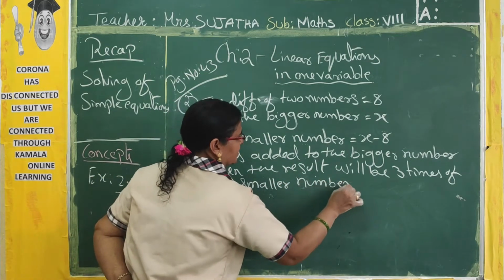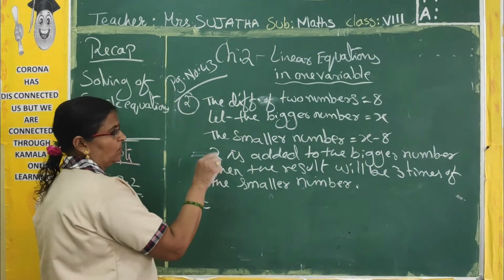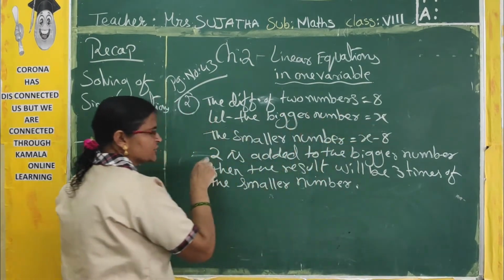So by using this statement, you have to write the equation. So 2 is added to the bigger number. What is the bigger number? x. x should be added to 2.